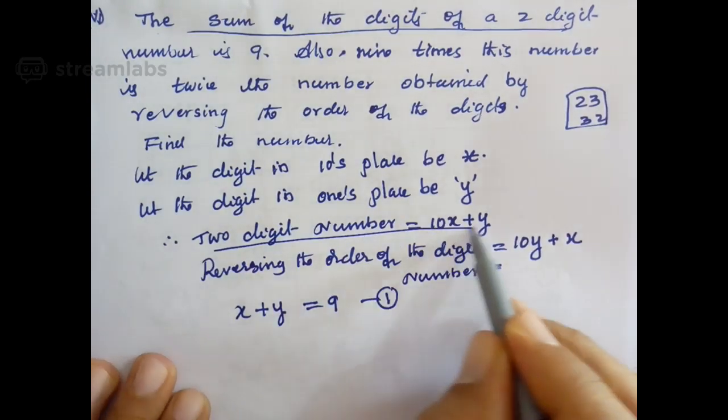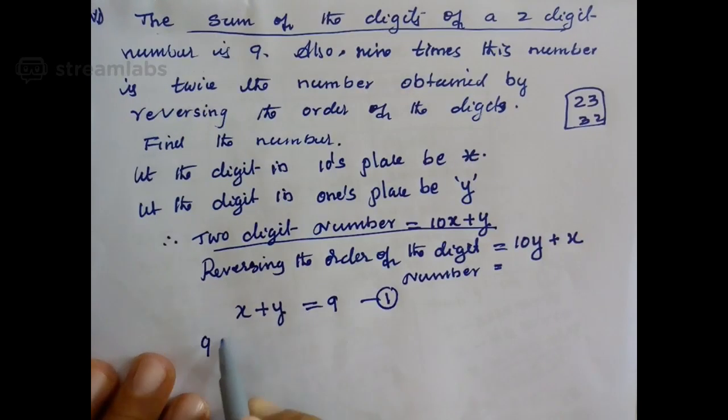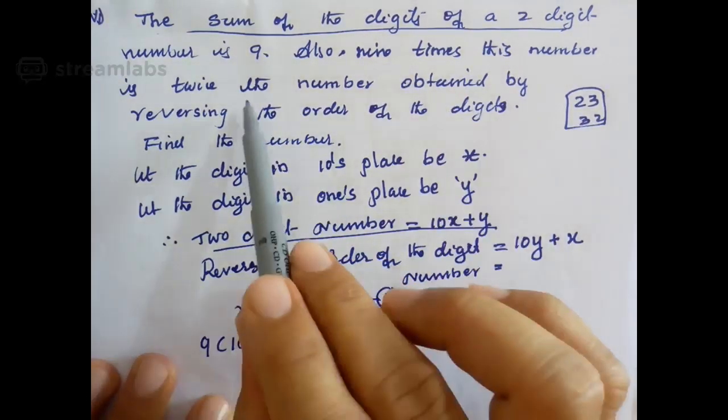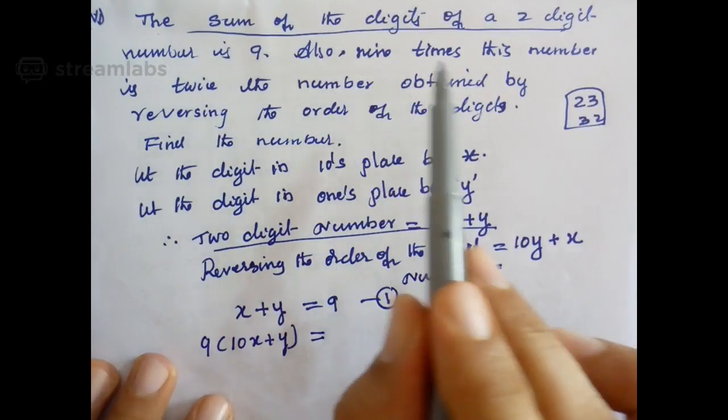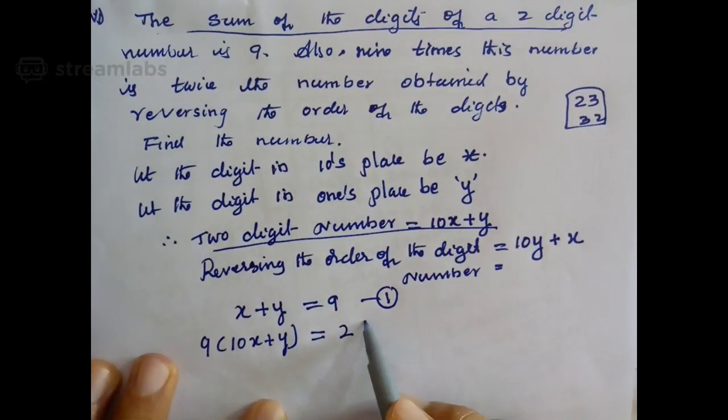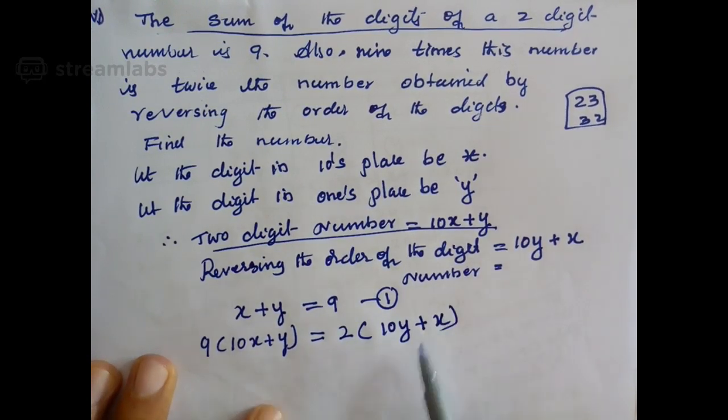This two-digit number. 9 times the two-digit number 10x plus y is equal to twice the number obtained by reversing the order of the digits. This is the second statement.